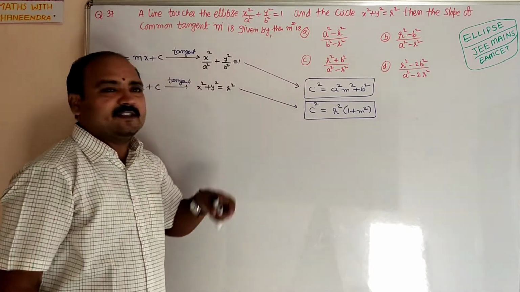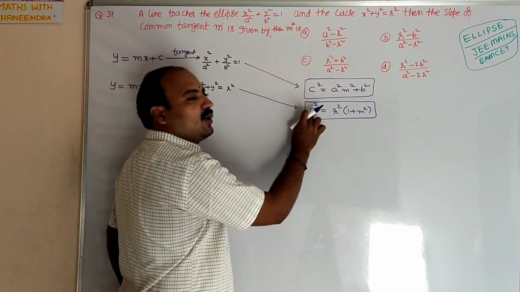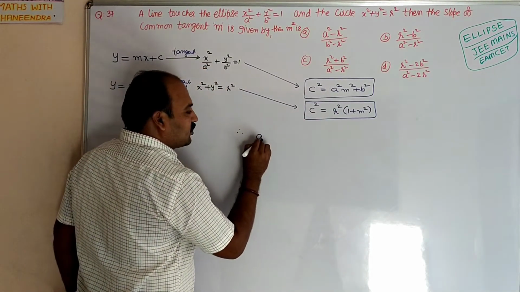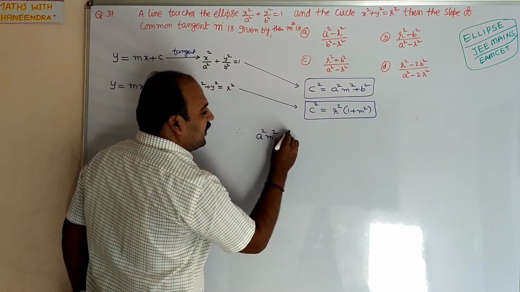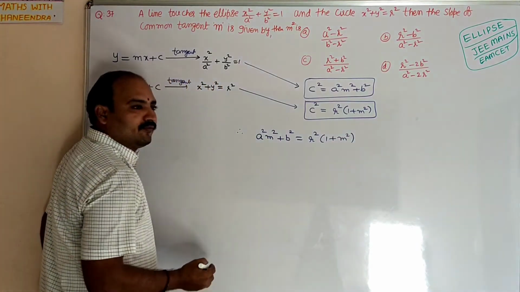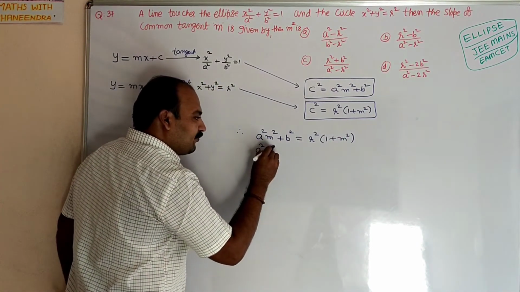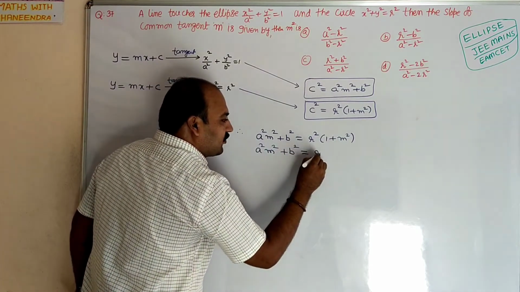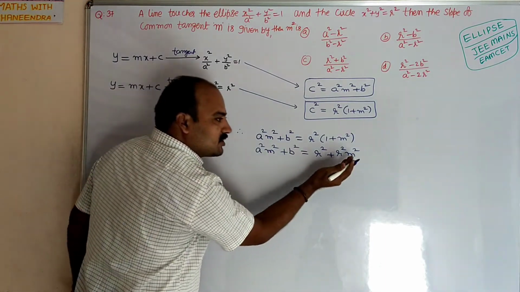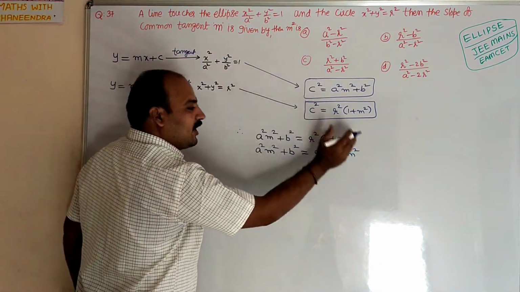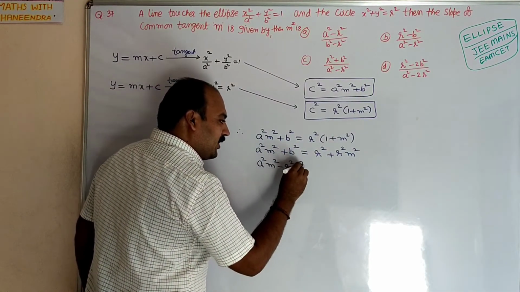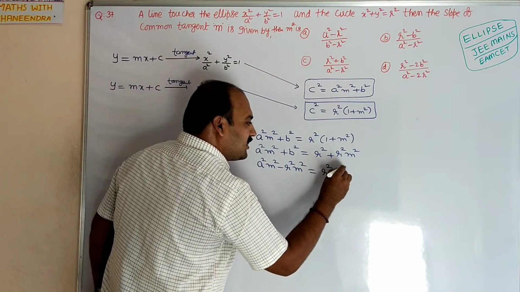From these two conditions, whenever the LHS values are equal, we need to equate the RHS values. Therefore, a square m square plus b square is equal to r square into 1 plus m square. So, a square m square plus b square equals r square plus r square m square. The m square r square term we can take this side, b square we can take this side. So, a square m square minus r square m square is equal to r square minus b square.